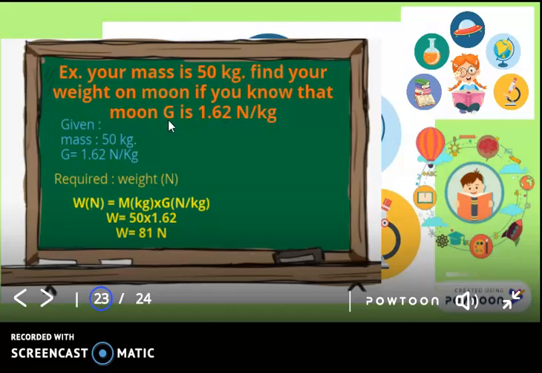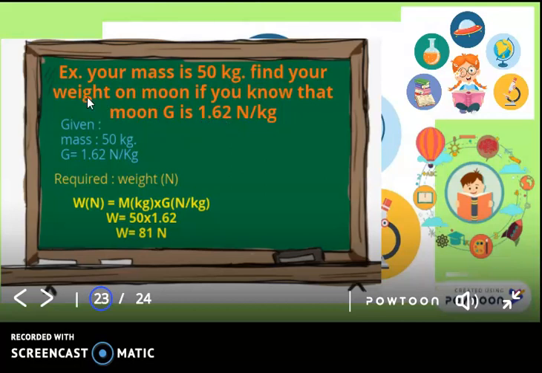Do you remember, my dears, when I told you that the gravity constant G varies from one planet to another? The gravity constant on Earth was what? Very good, it was 9.8 Newton per kilogram. But G on the Moon is 1.62.